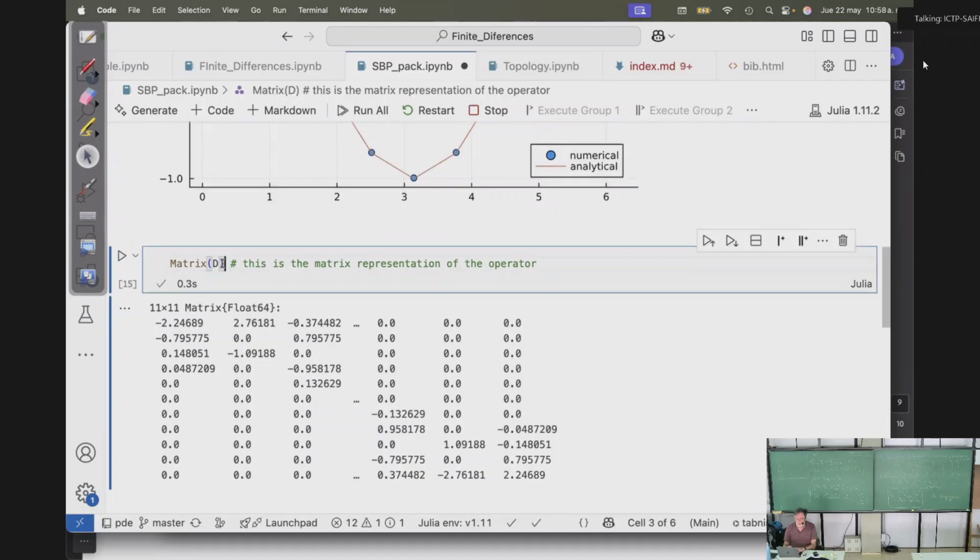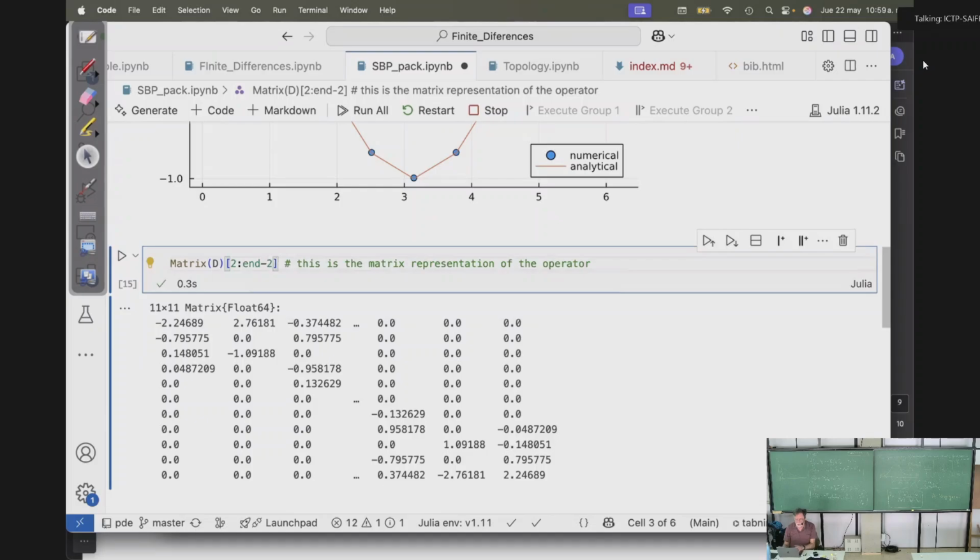Let me see if I can do 2. From 2 to n minus 2, I want to see the middle of the matrix.